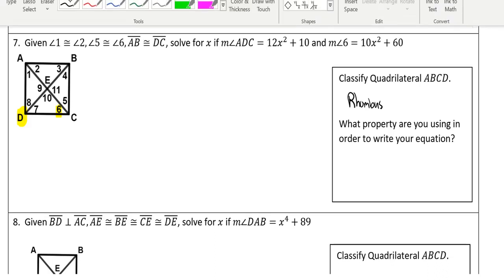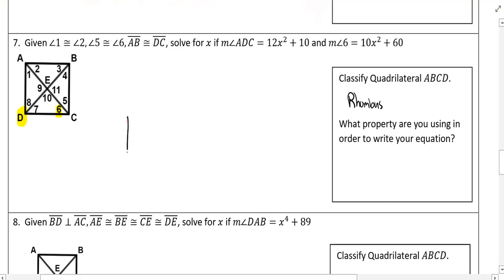Again, I'm going to do a little bit of scratch work to help you see something. So if it's a rhombus, first of all, the diagonals are perpendicular. So in our picture, we could say that angle 10 is 90 degrees. So I'm going to write that in here.